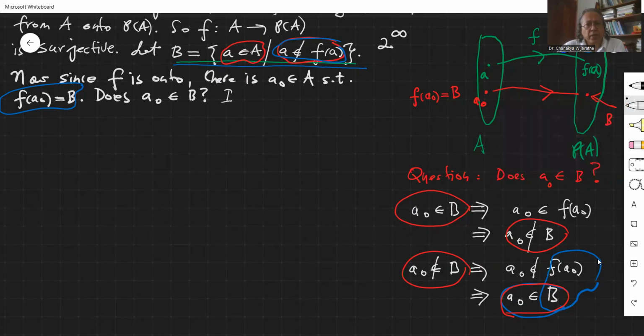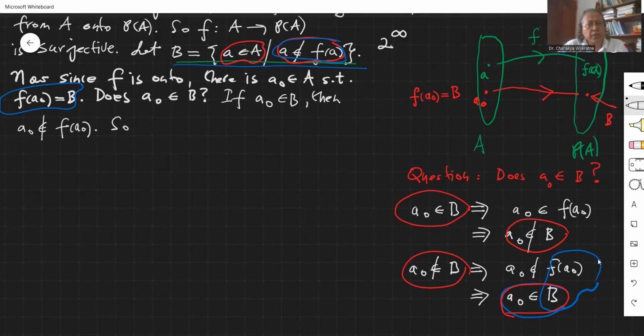Okay, if A naught belongs to B, then A naught does not belong to f of A naught, right?